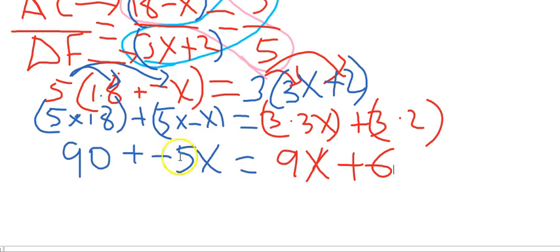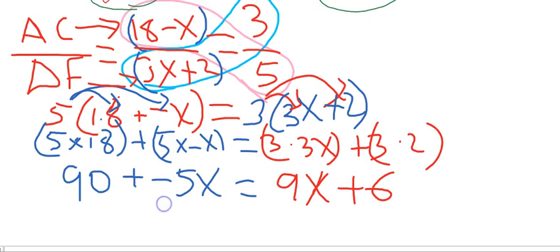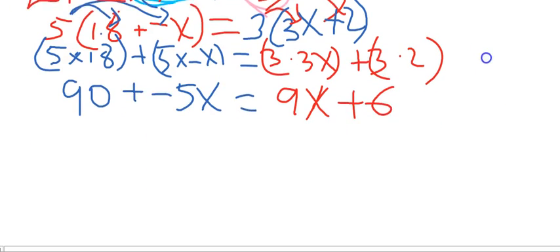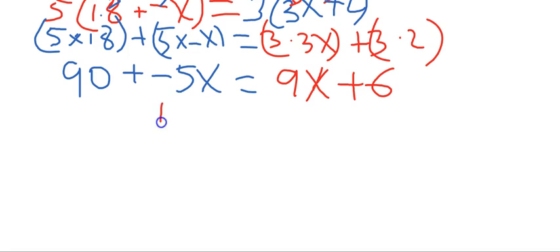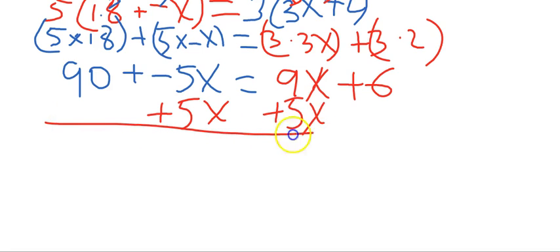There we go. So the parenthesis is gone. Now we're going to collect like terms, make them move on one side. Here we have 9x, we have negative 5x. So it's easier to move the smaller one. So we're going to add 5x to both sides. You add only to like terms. We add 5x to both sides.